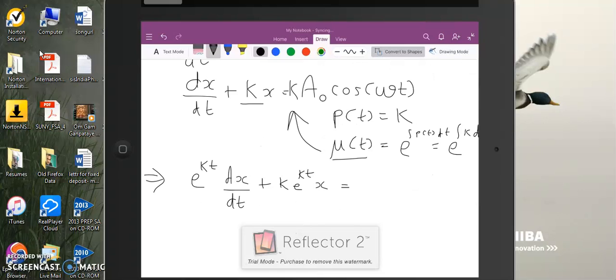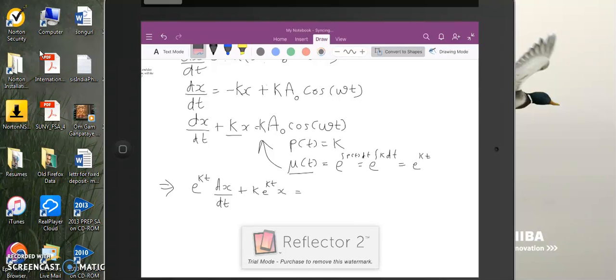So this equation further equals k e to the kt a naught cosine of omega t.